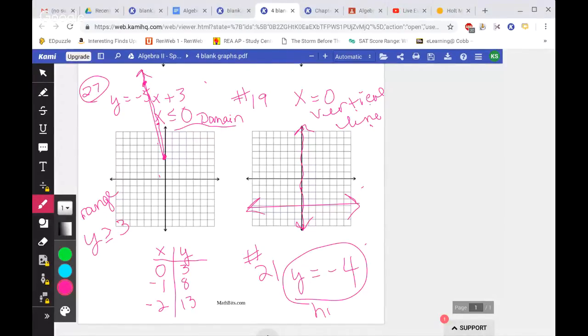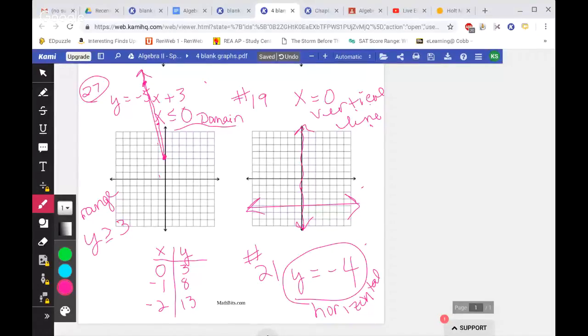Do we need to graph each one of these? On 11 through the odds, 11 through 27. Well, 11 through 21, you have to graph those, and number 27, you have to graph that one.